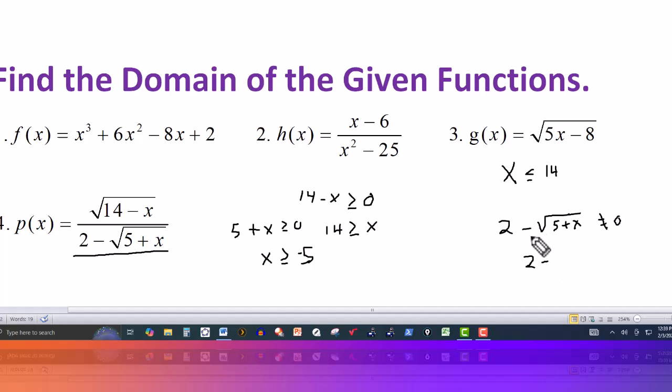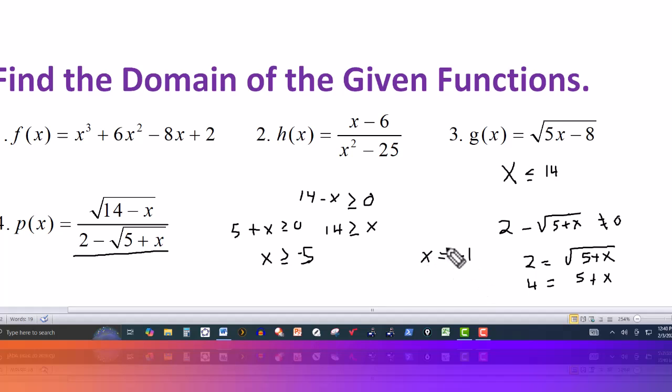Add the radical 5 plus x to both sides, which gives me 2 equals the radical. Square both sides: 2 squared is 4, and squaring the radical gives 5 plus x. Add negative 5 to both sides, and you get x equal to negative 1.